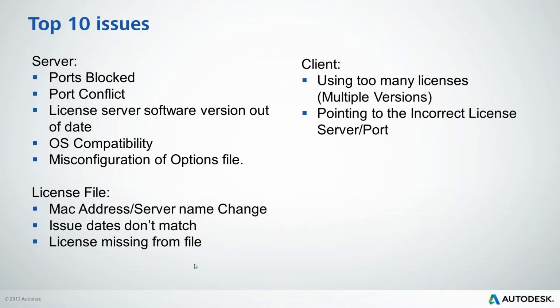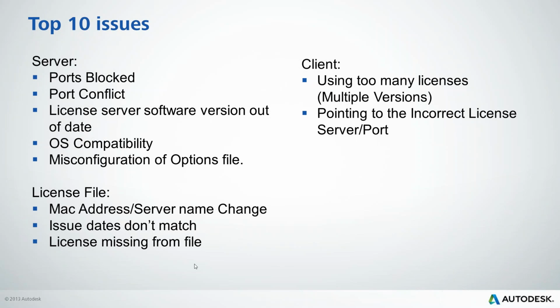Why can't I get 2016? And that is because the Network License Manager version is out of date. As for server compatibility, the new version 11.12 and up only installs on Server 2008 and Server 2012. It no longer supports Server 2003.